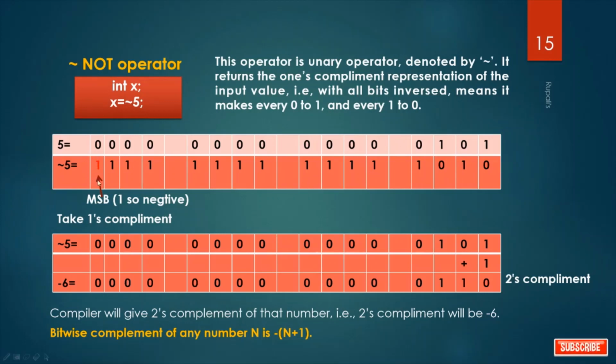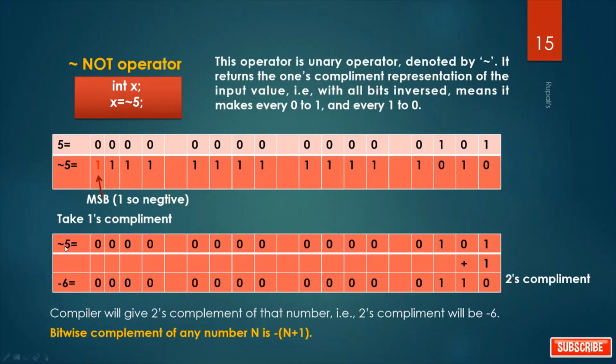Now see the MSB. MSB is 1. If MSB is 1, it is negative. If it is 0, then it is positive. Now if I want to print the value of x, the compiler will give the 2's complement of tilde 5. So what is the 2's complement of tilde 5? First take the 1's complement of tilde 5.